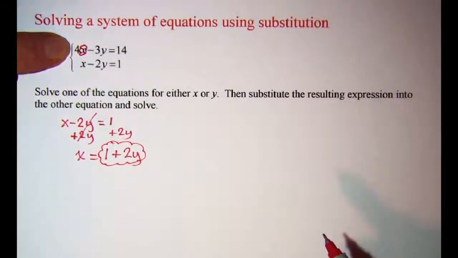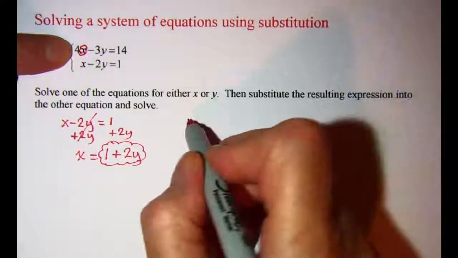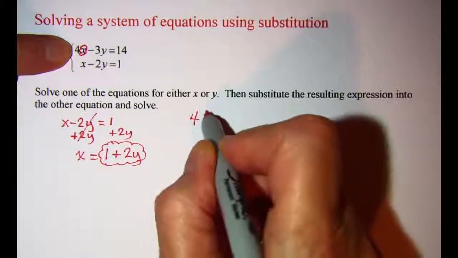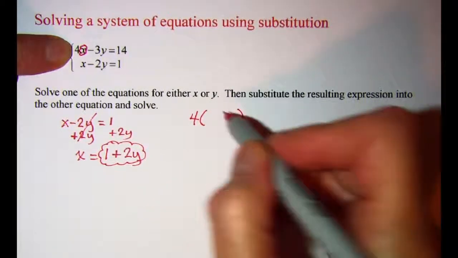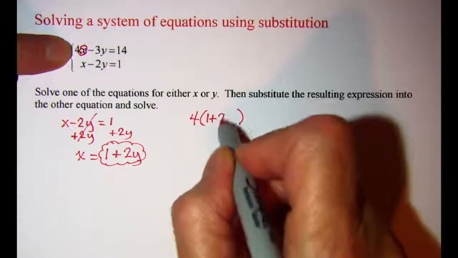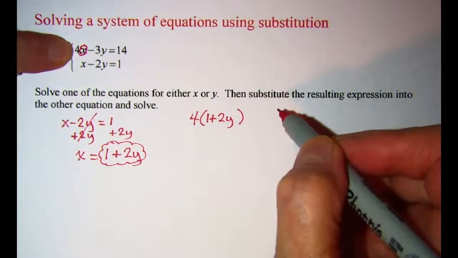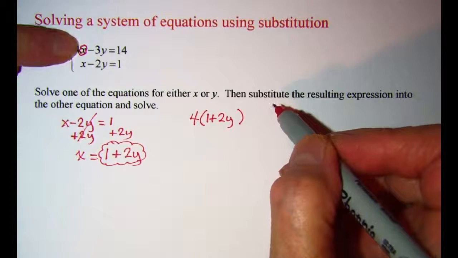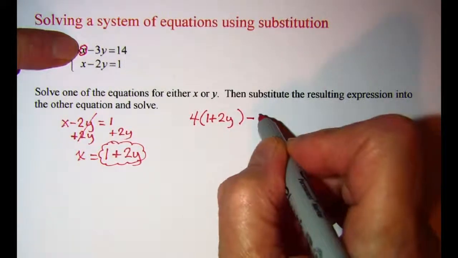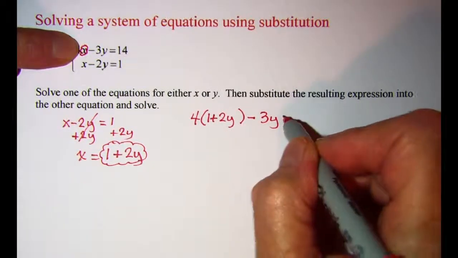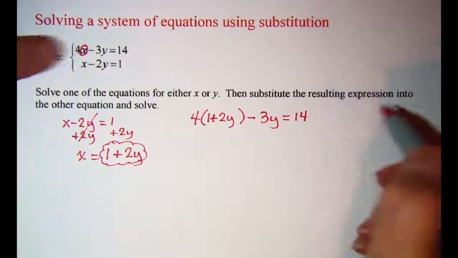So we're going to put it into this first equation. So we now have 4 times 1 plus 2y, and then continue writing this equation. So minus 3y equals 14.